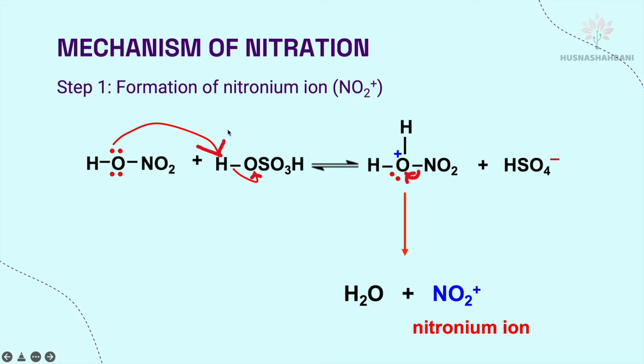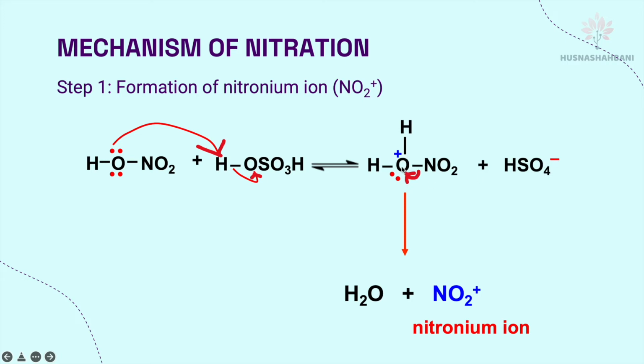And in order for this oxygen to form a bond with hydrogen, the bonding electrons here must be transferred back to the oxygen of sulfuric acid, making H2NO3+. Now this oxygen is positively charged because it used one of its lone pair electrons to form a bond with the hydrogen. And the sulfuric acid becomes HSO4- because it loses one of its hydrogens.